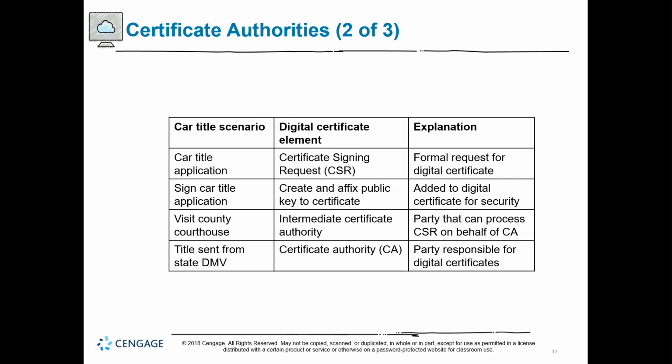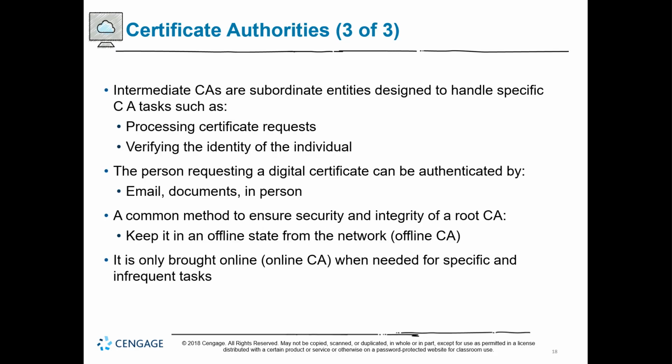That is the same situation with the digital certificate. We act with the intermediate. The intermediate allows the certificate authority to send us our certificate. We don't interact with the certificate authority directly. So intermediate certificate authorities are, again, subgroups, and they're designed to handle specific tasks.